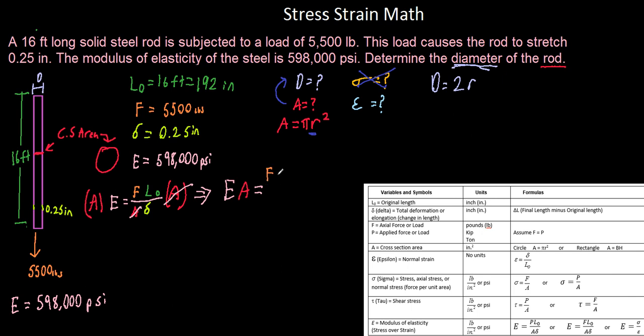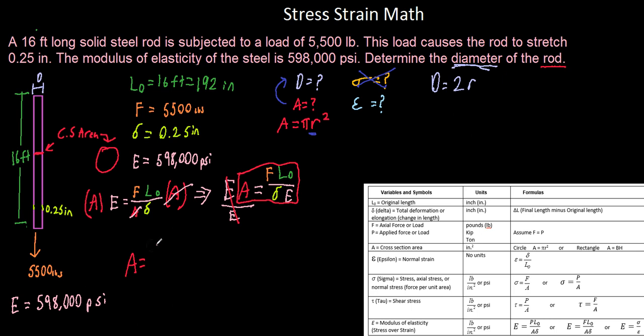But I set it equal to force times original length divided by my change in length. And now to solve for A by itself, I'm going to divide by E on both sides, so I put E on bottom. And so my E's cancel out on the left, and we're left with a formula where essentially A and E just changed places. And so now I just plug in my values.